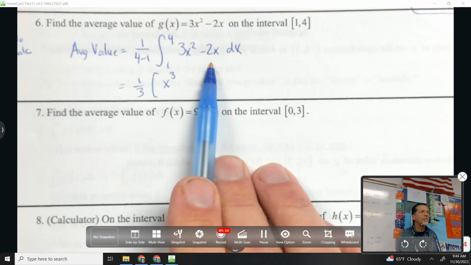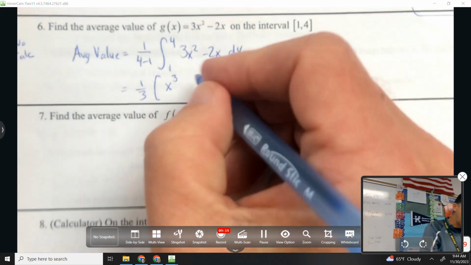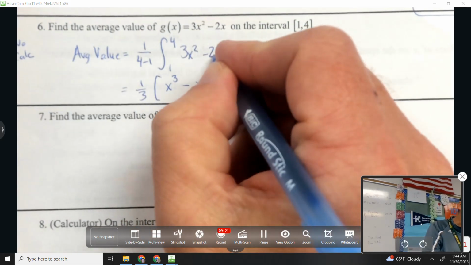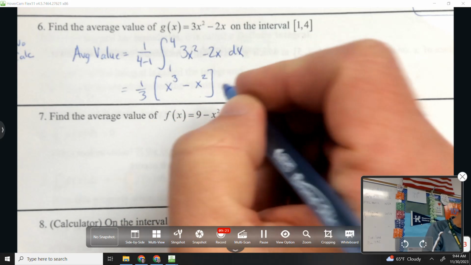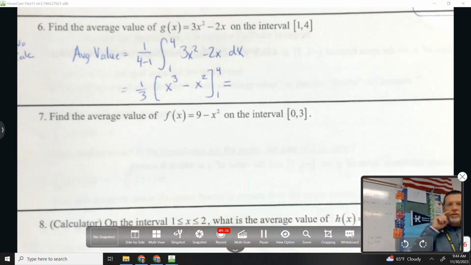Molly, how about the antiderivative of 2x? X squared over 2, but there's already a 2 there, so it cancels. And then from 1 to 4.